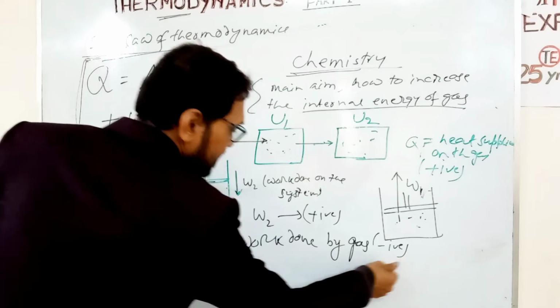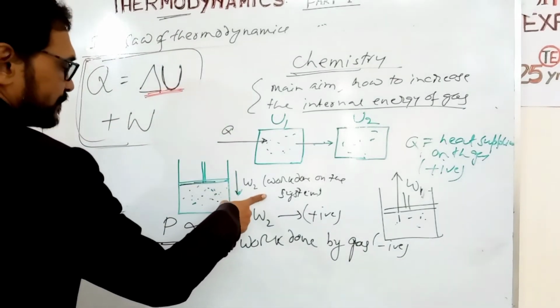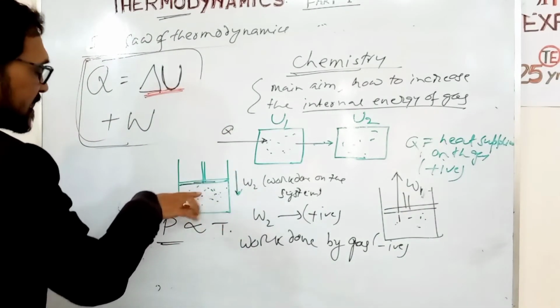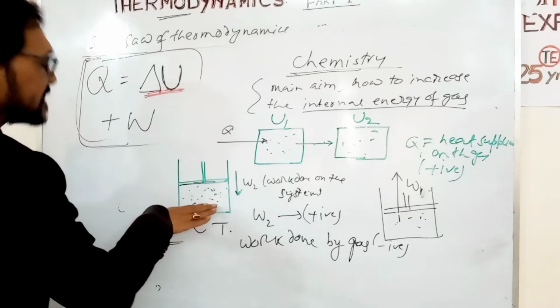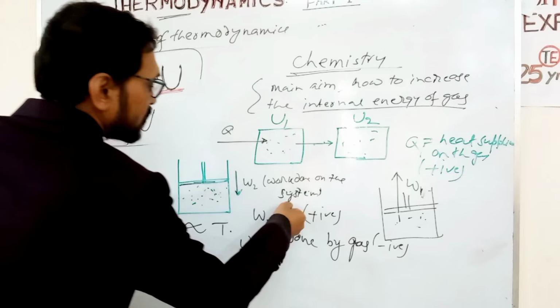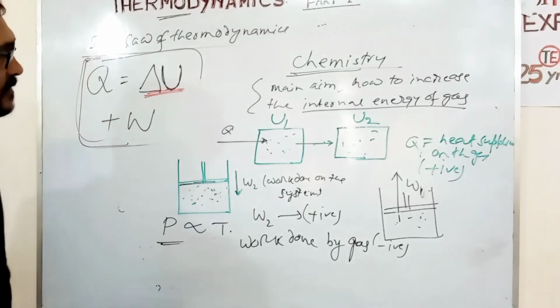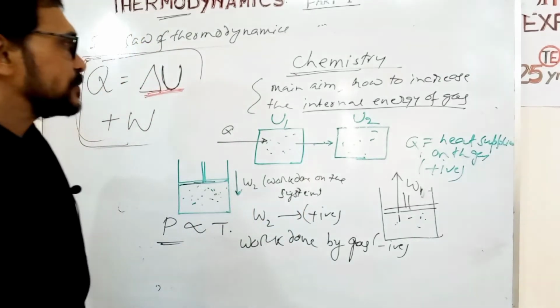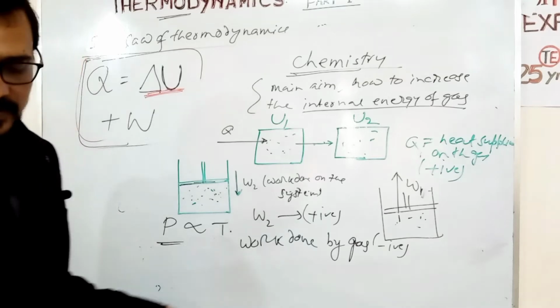Work done by the gas is negative as the gas expands. If we compress, the internal energy increases, that's why work done on the system is positive. So, I hope the confusion of sign convention in physics and chemistry is cleared.